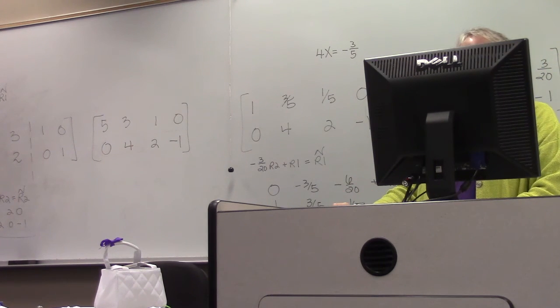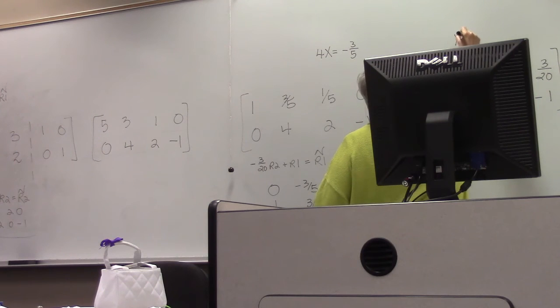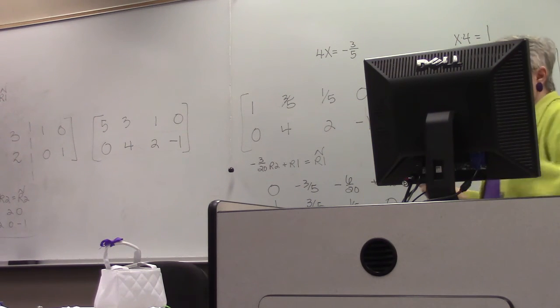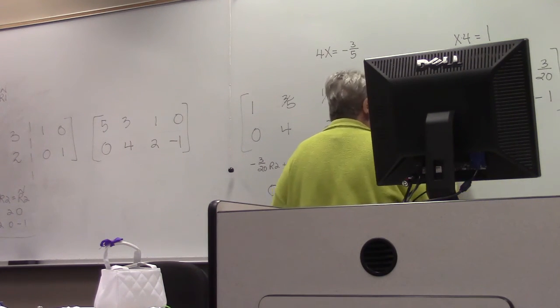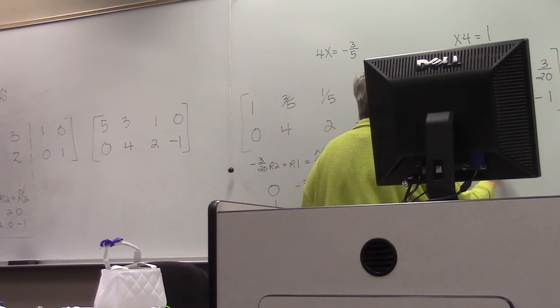What do we need? One and one. What have I got? 4. What times 4 equals 1? 1/4. That's the same algebra problem. So row 2 becomes 1/4 row 1 plus row 2, a new row 2.